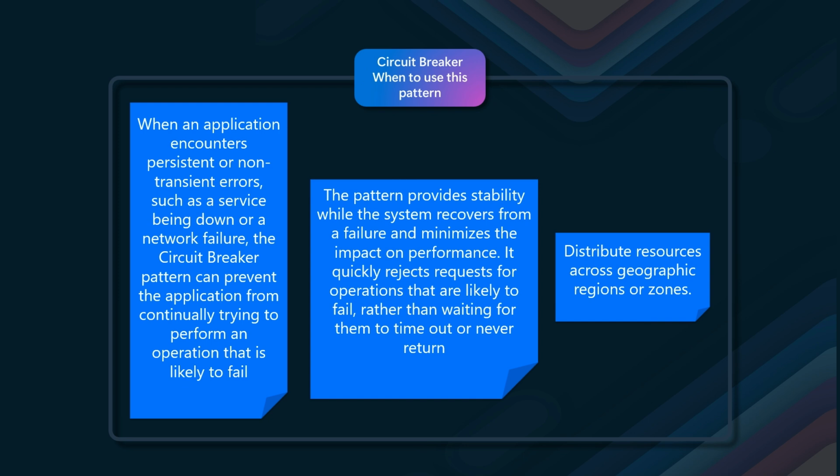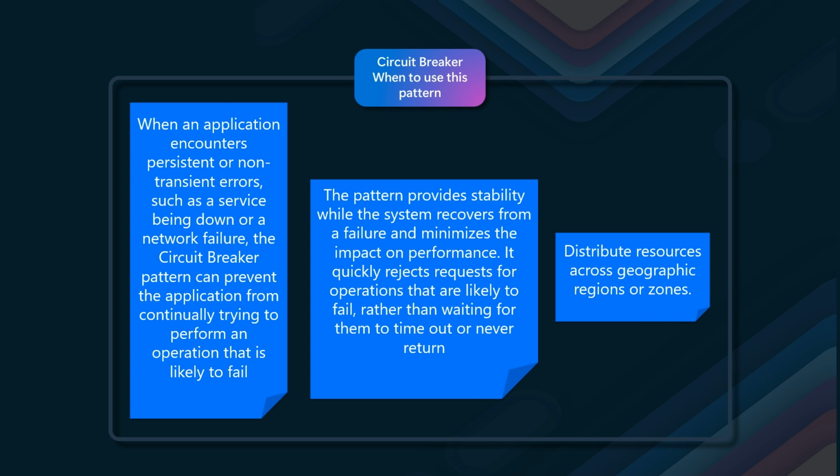The application can log the exception and try to continue by invoking an alternative service or offering degraded functionality, avoiding cascading failures. The pattern helps mitigate failures and avoid having cascading failures disrupt the entire application by stopping a request to a failing service. It prevents the failure from propagating to other parts of the system.